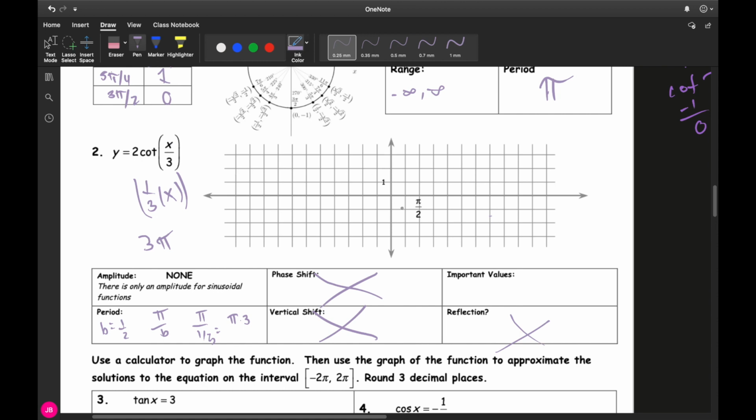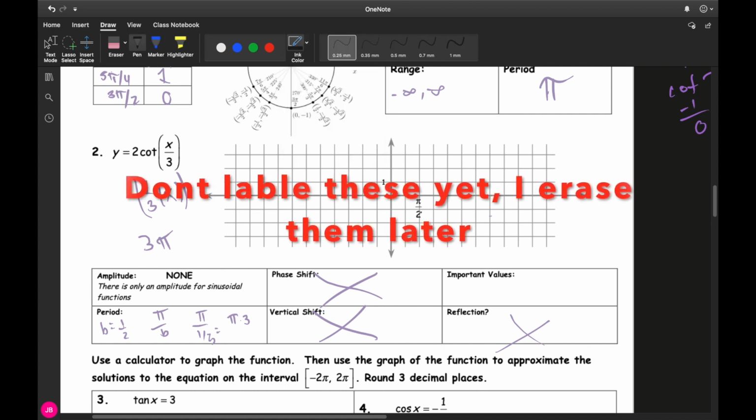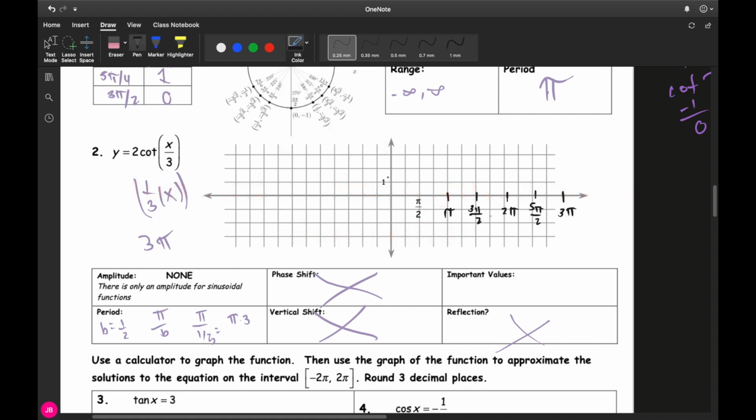So let's go ahead and label this really quickly. We have pi. Okay, so we know that we have to have a full period from here all the way to here. So let's talk about what we know. Our important values is going to be our period, which is 3 pi, divided by 4.